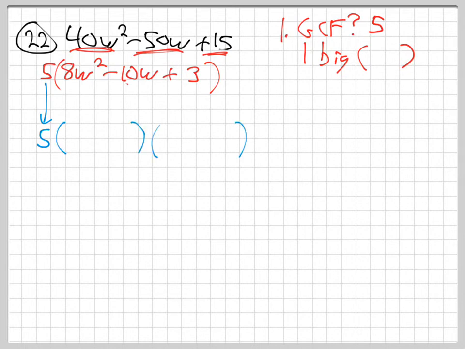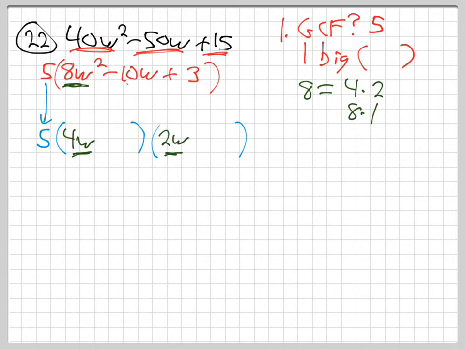Now we do the double parentheses, and we do the regular stuff, right? Front times front to make front. What times what makes 8w squared? Well, for 8, you can have 4 times 2, 8 times 1, so we're clearly going to try 4w, 2w.